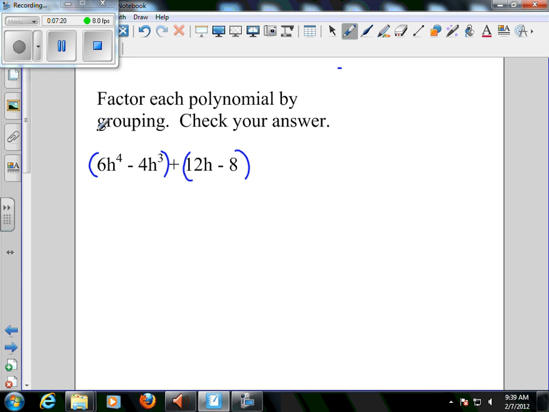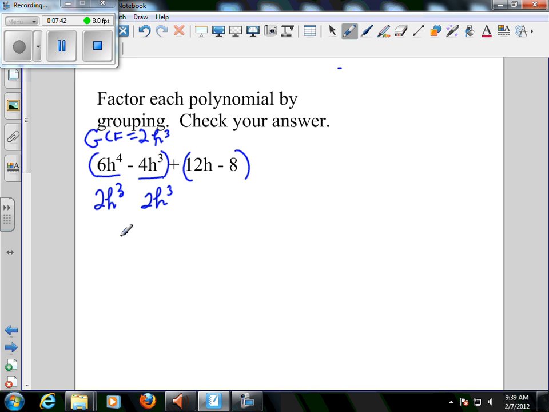Now, what we want to do is find the GCF of each set of parentheses. Well, the GCF of 6h to the 4th and 4h to the 3rd would be 2h to the 3rd. So we're going to divide each term by 2h to the 3rd.